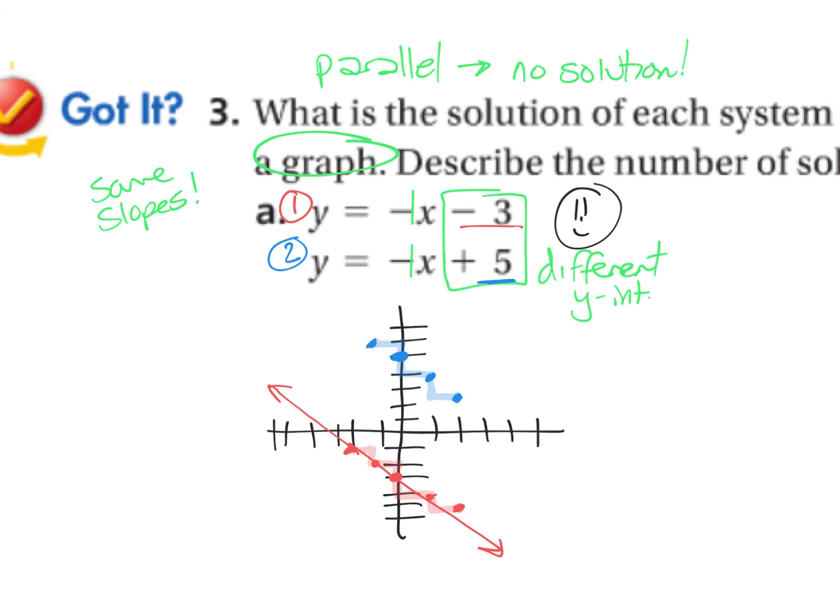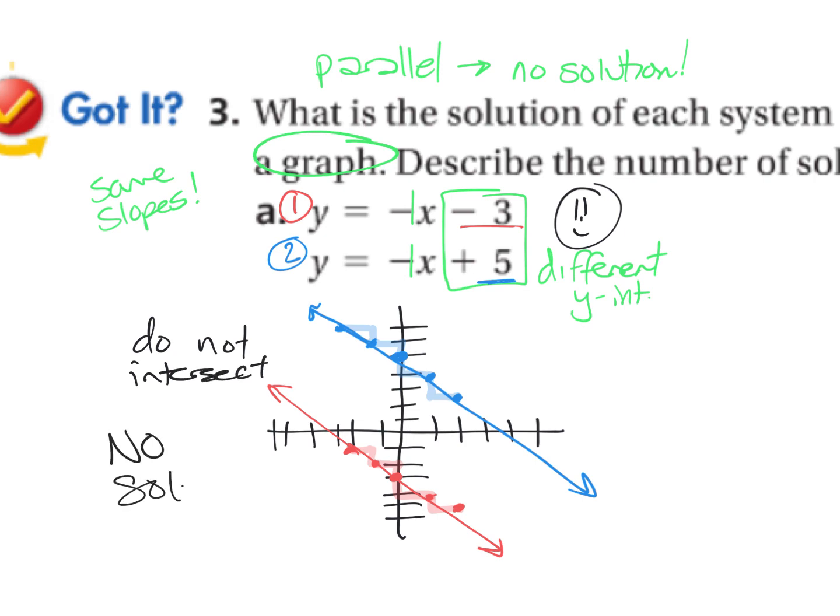And do it again if you'd like, up 1, left 1. And as you go to connect these, it's very clear that you can see these do not intersect. So I'm going to say no solution. That is the answer.